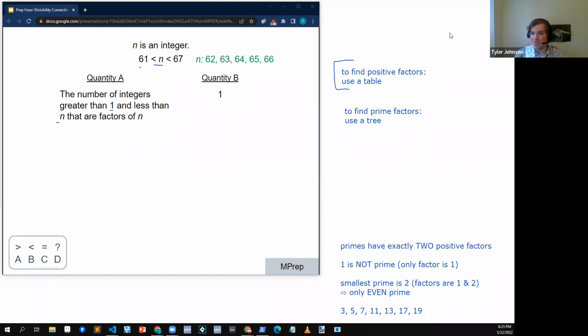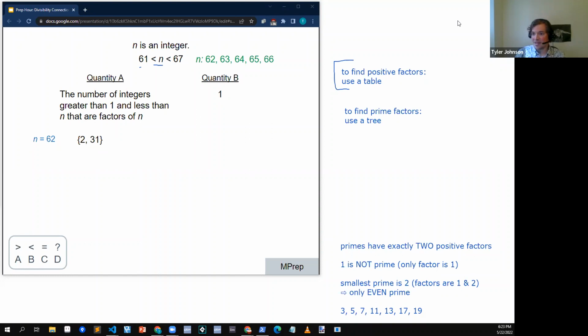Let's look more at what happens to our number of factors. So if n were 62, then I do have some other factors there besides 1 and 62 itself, right? 2 and 31, those are also factors of 62.